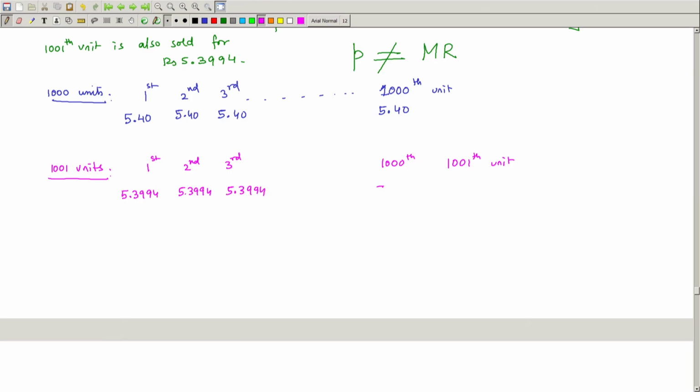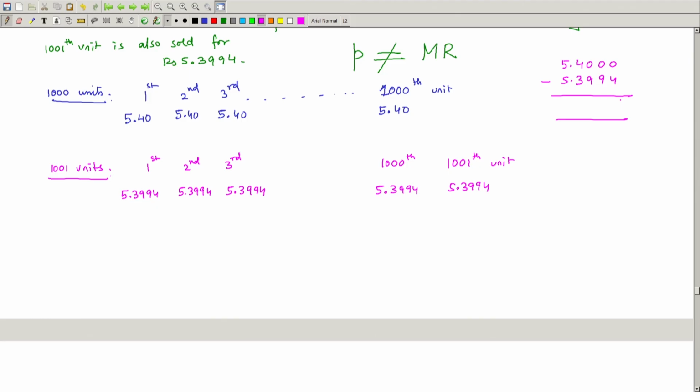Because if I continue to charge 5.4 per unit, I will not be able to sell 1001 units. If I charge 5.4 per unit, the number of units that I will be able to sell is only 1000 units. So, the key takeaway here is that to sell one more unit, I had to reduce the price. By how much? Originally I was charging 5.4, now I am charging 5.3994.